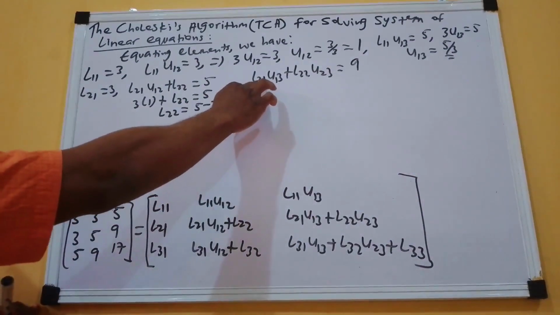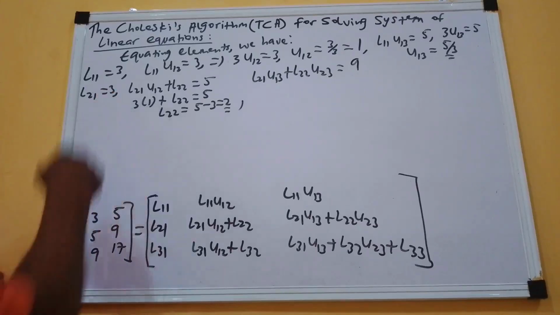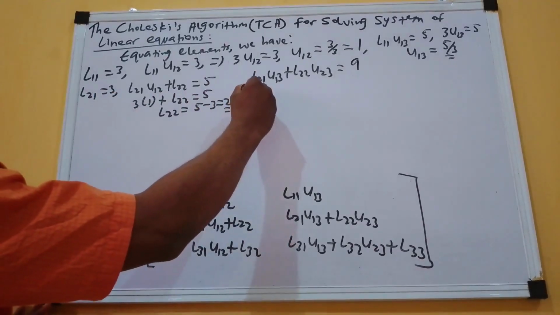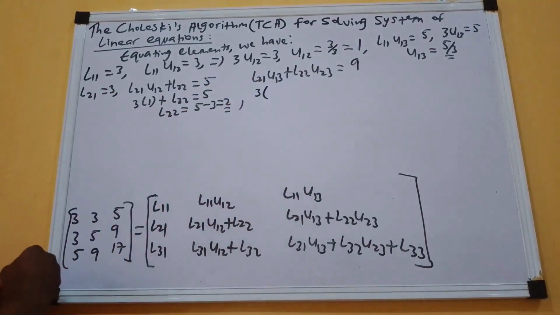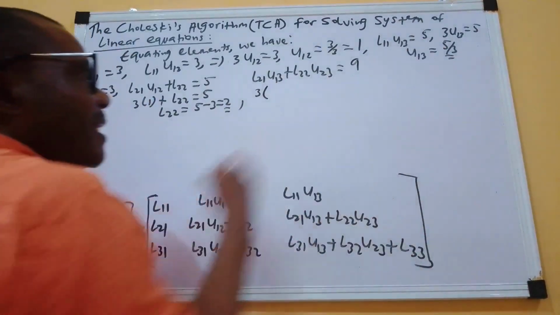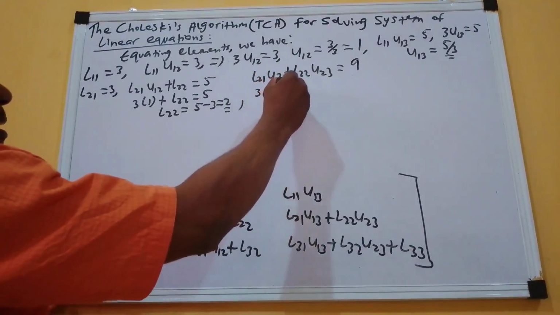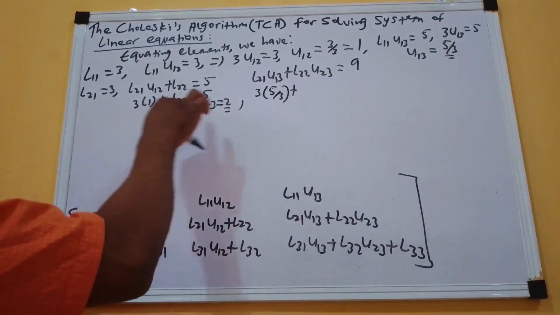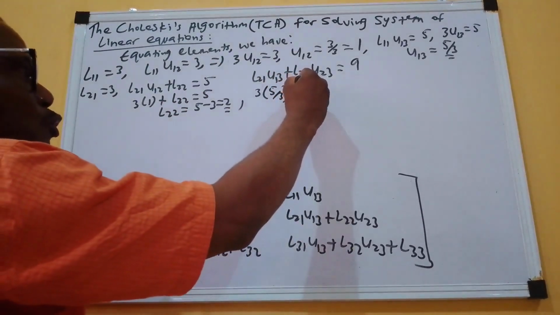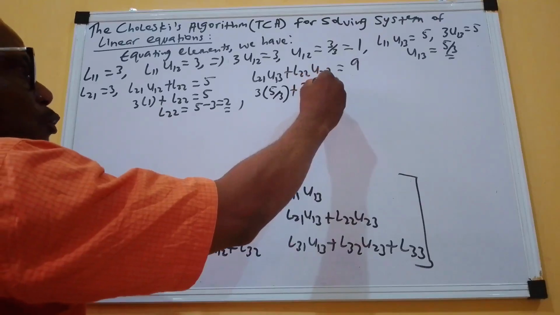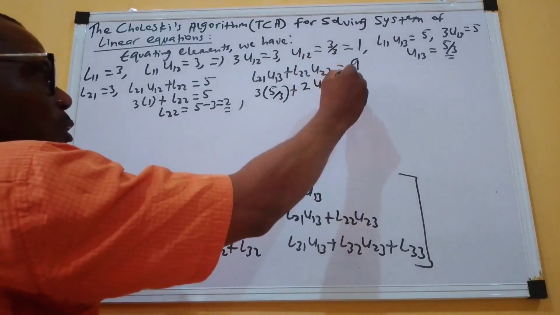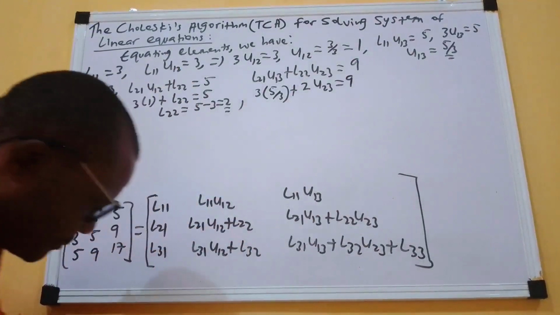Now, what is our L21? Our L21 is 3. Then what is our U13? Our U13 is 5 over 3, so 3 into 5 over 3. Then plus what is our L22? Our L22 is 2, plus 2 U23. U23 is the unknown, and this is equal to 9.